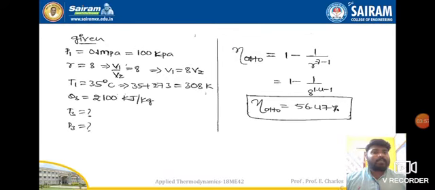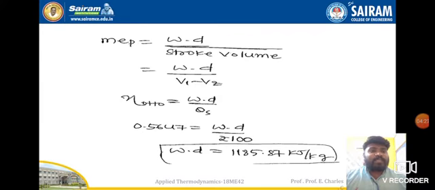For air standard, the adiabatic index gamma is equal to 1.4 for air. That is a standard value everywhere. In that way we have found the Otto cycle efficiency, which is 56.47%, right?